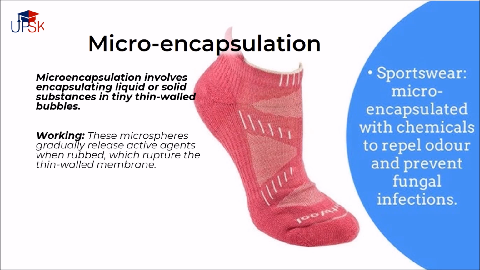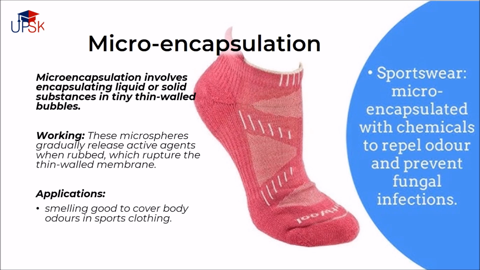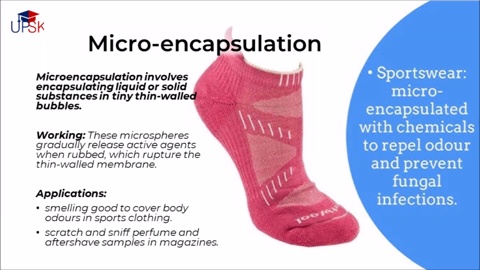These microcapsules gradually release active agents when rubbed, which rupture the thin-walled membrane. This can bring benefits such as smelling good to cover body odors in sports clothing. A similar technology is used in the scratch and sniff perfume and aftershave samples in magazines.